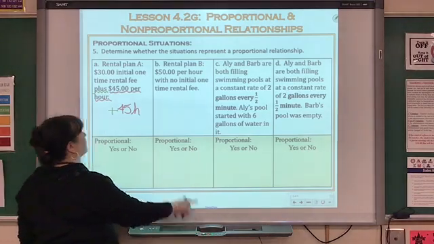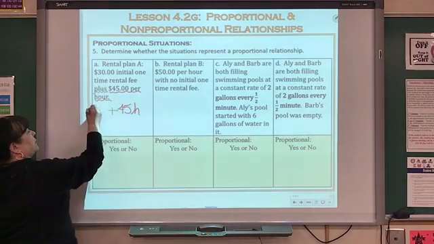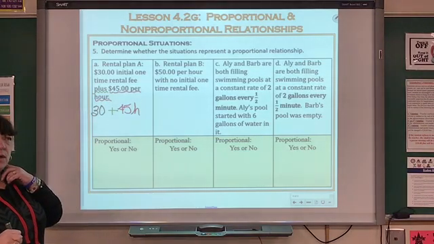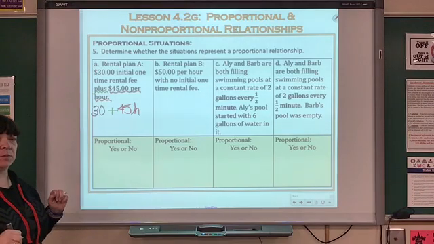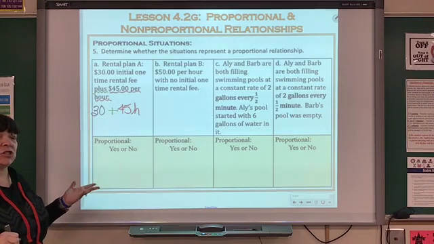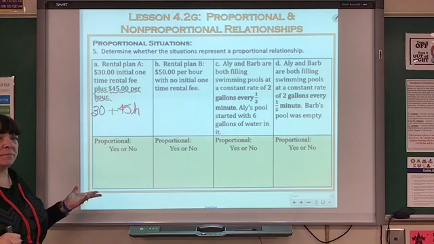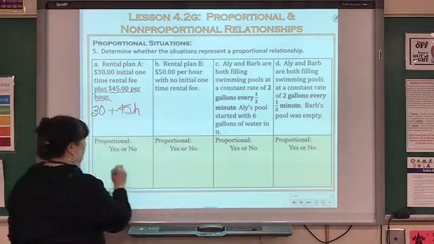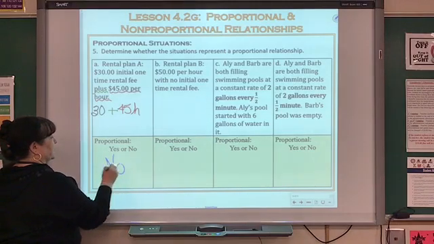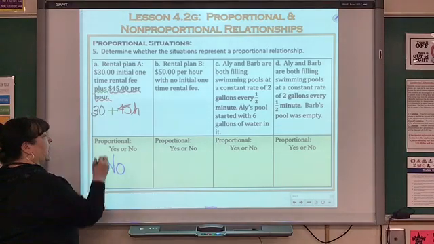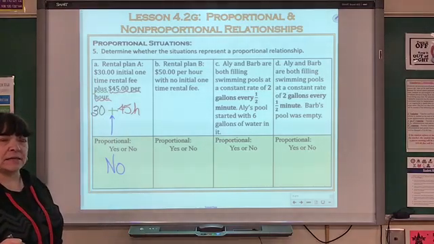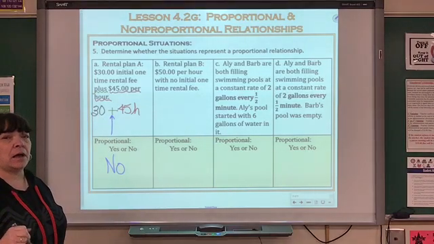What's it being added on to? It's being added on to $30. Wait a minute. I now have addition and multiplication. If I have addition and multiplication, is that proportional? Oh, no. This cannot be proportional, and the reason is because I have something other than just a multiplication.